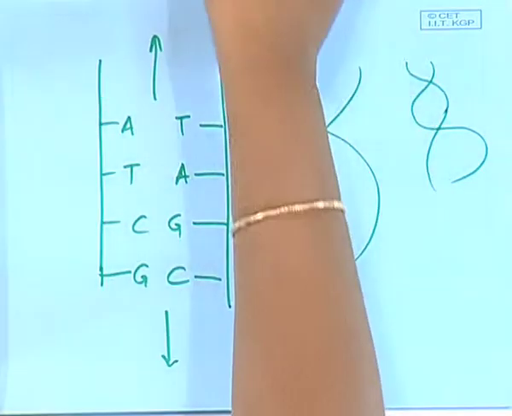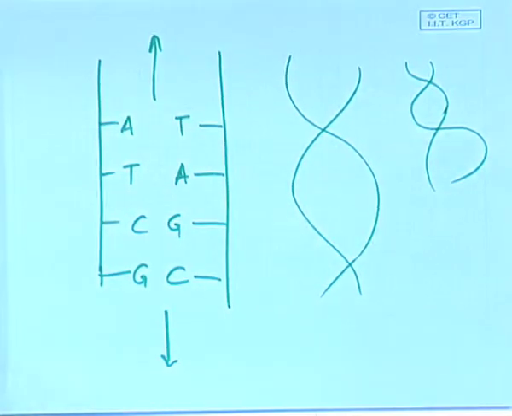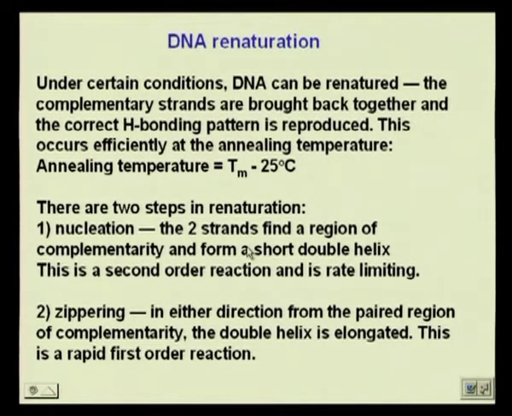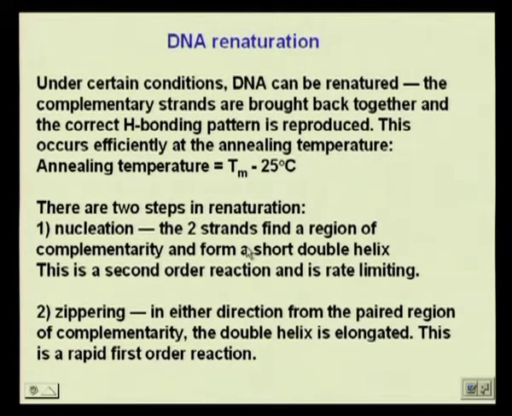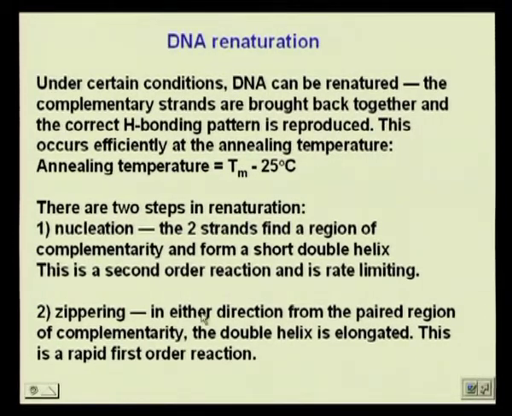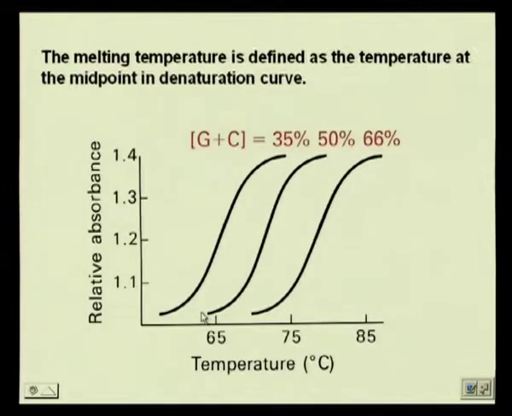So, the nucleation step is important, that is rate limiting, in finding the two strands where you have the complementary region, and then it zips up in both directions, and if it finds the right kind of base pairs, obviously it is going to be very fast, and it is a first order reaction and it is pretty rapid. Okay.